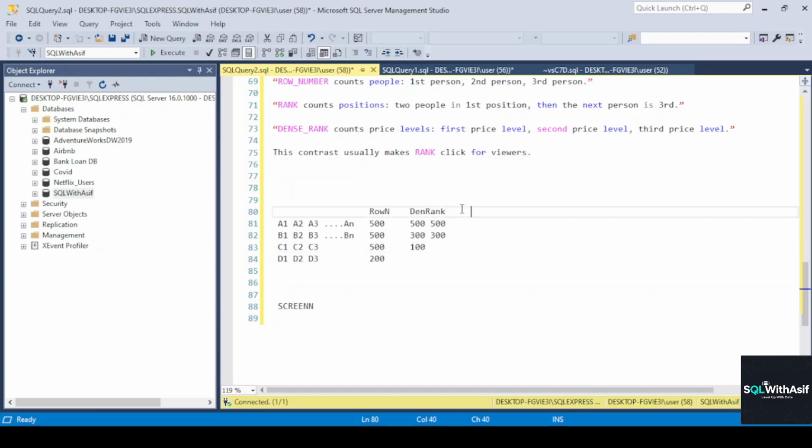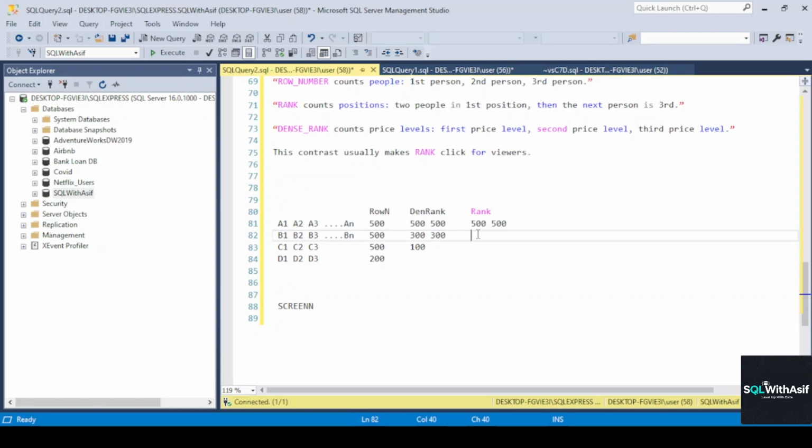What rank actually does is this. If two people came and gave 500, it will assign them over here like dense rank. Then the third person came and gives 300.